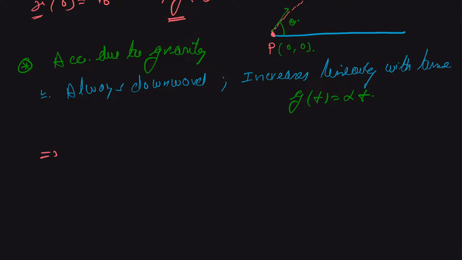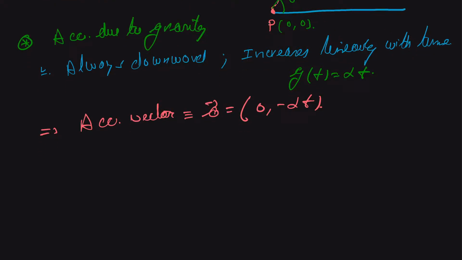So we can say the acceleration vector will be (0, minus alpha t), which basically means that there is no horizontal acceleration, and the vertical acceleration is time dependent.